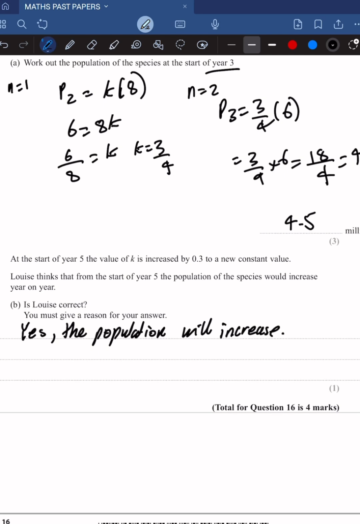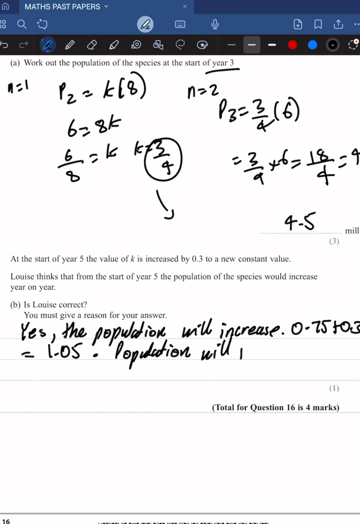This is because currently K is 3 over 4, which is 0.75. When we do 0.75 plus 0.3, that is equal to 1.05. So therefore, the population will increase by 5% each year. That's our marks.